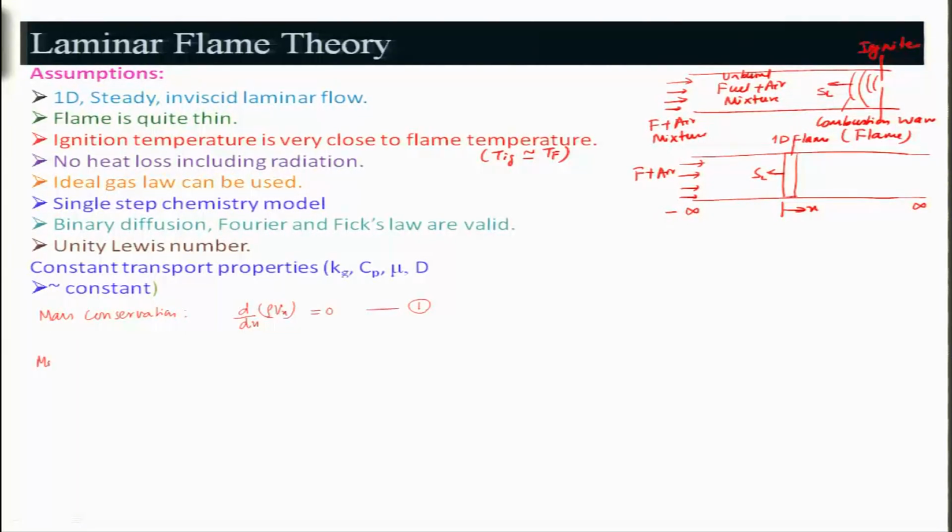The momentum conservation for one dimensional steady inviscid laminar flow would be rho Vx dVx by dx equals minus dP by dx, because the viscous term is not there and it is a steady flow, equation 2.